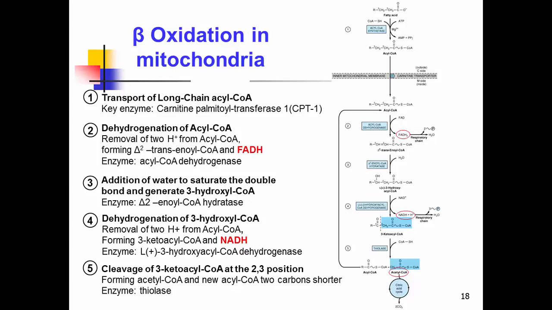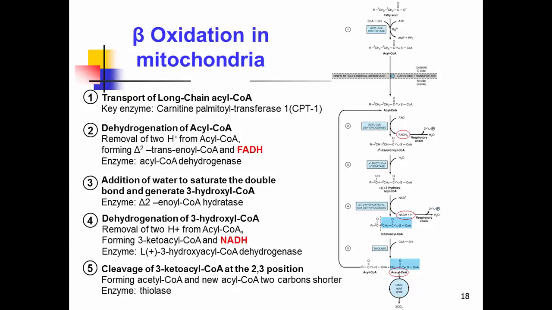And the next step is dehydrogenation again, removing 2 hydrogens from the molecule and transferring the hydrogen to NAD, right, generating NADH equivalent molecules. And the product of this reaction is keto acyl-CoA.